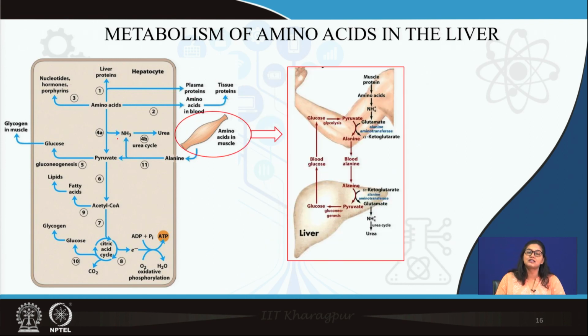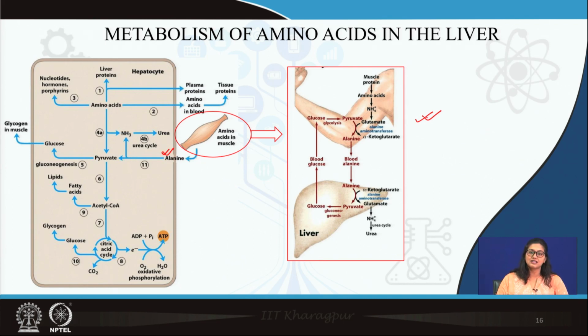So skeletal muscle proteins can be degraded to provide amino acids, like an important one, alanine, via the glucose-alanine cycle. If you don't remember, please go through the previous slides where I have discussed the glucose-alanine cycle, how alanine is provided to liver from skeletal muscle.